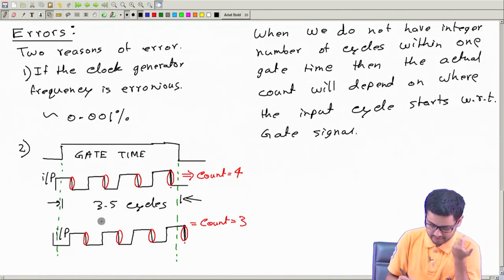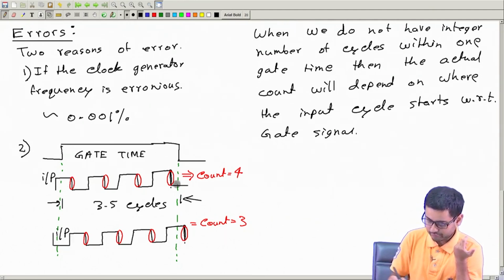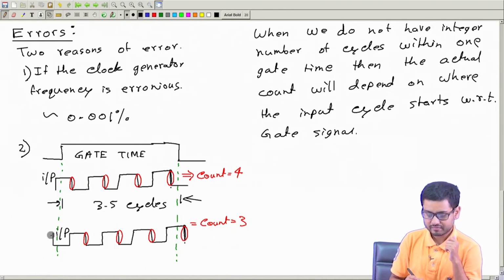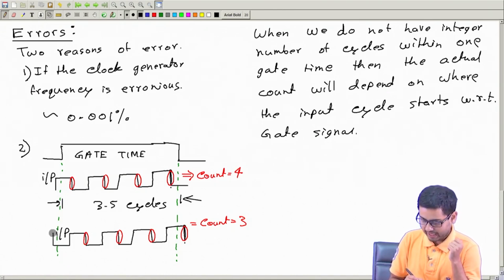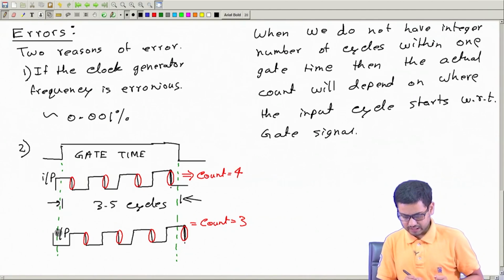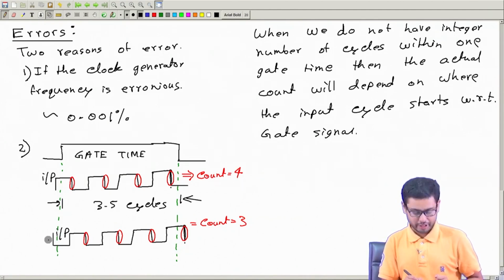Okay. So, this is gate signal, with respect to this, is it starting here or is it starting here? Depending on that, we can have 4 counts or 3 counts. Okay. And therefore, this will give me some error.